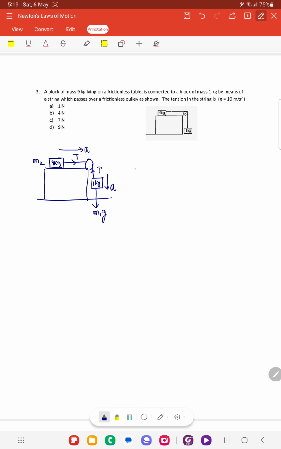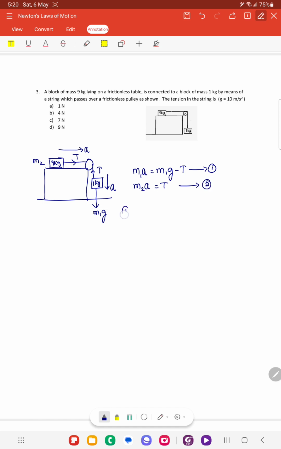So for the 1 kg mass, we have m1 into a is equal to m1g minus T. For the 9 kg object, we have m2 into a is equal to T. Let us consider this is equation number 1 and this is equation number 2.